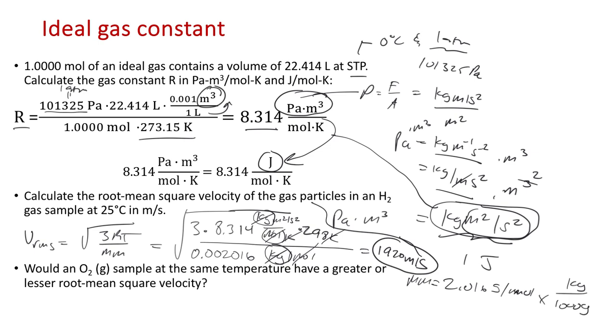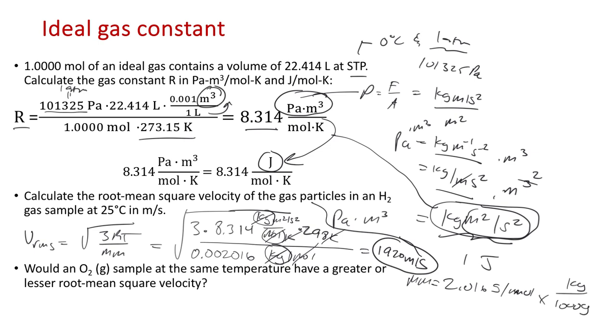I don't know if they'll put this on the test or not in terms of how to calculate a velocity, because it is just a rote problem. But the key detail, I think, is thinking about units. If you have to calculate a velocity for a gas sample, you want to use the SI unit version of R. Of course, temperature has to be in Kelvin. Kelvin's the temperature scale for every problem here in chapter 10.